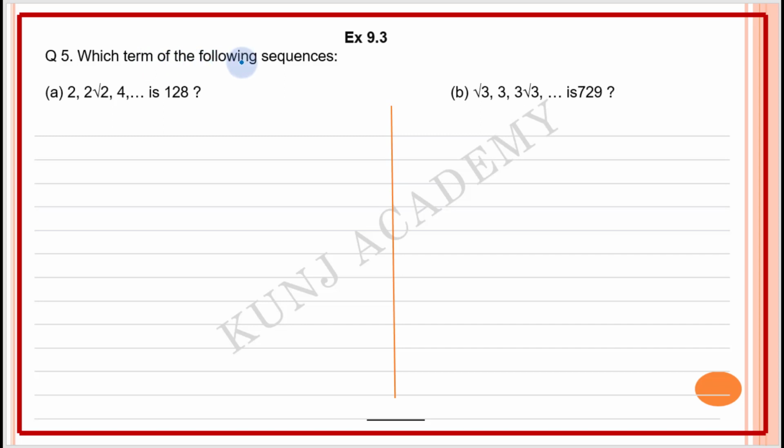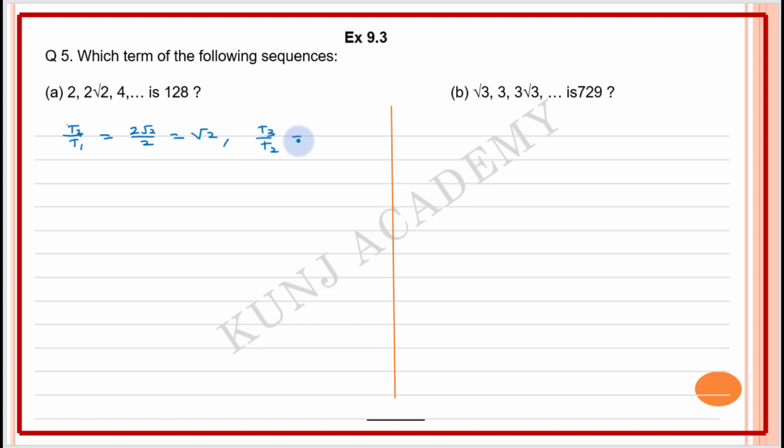Question. Which term of the following sequence 2, 2 root 2, 4 is 128? First, we will verify this is in GP. T2 upon T1 is equal to 2 root 2 upon 2, which is root 2.